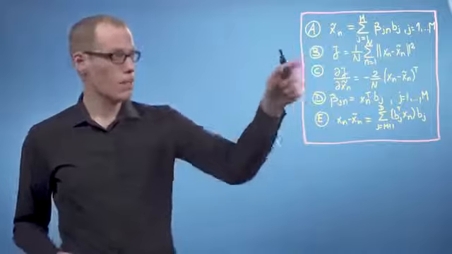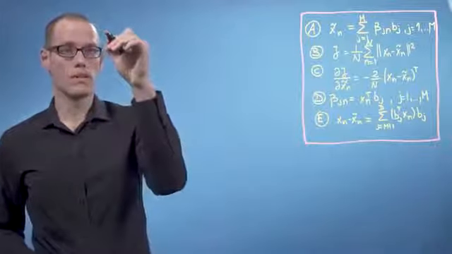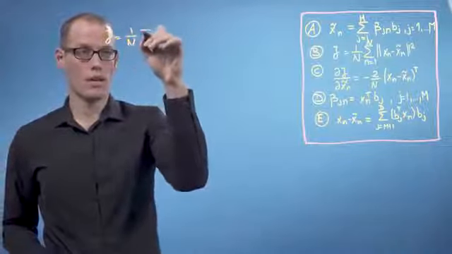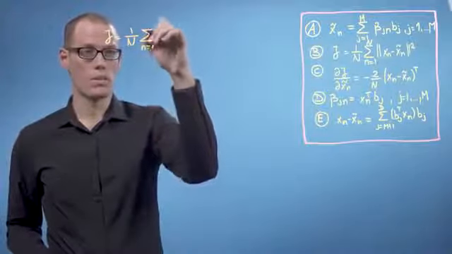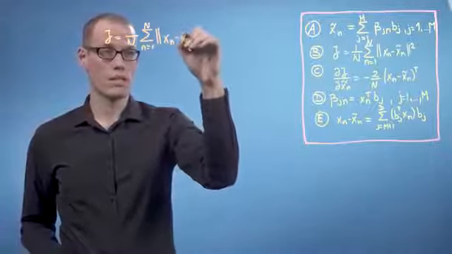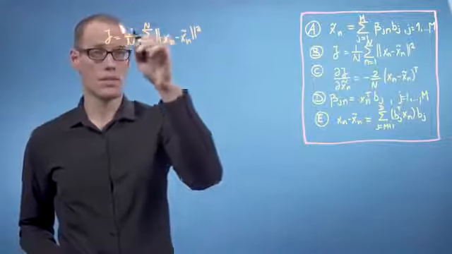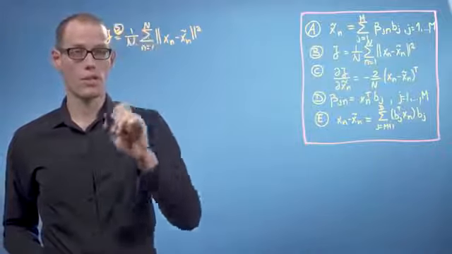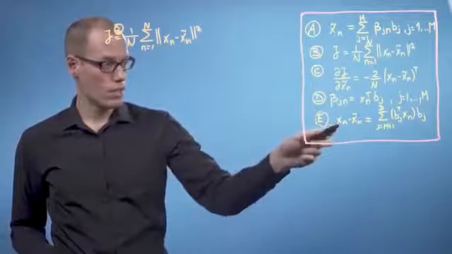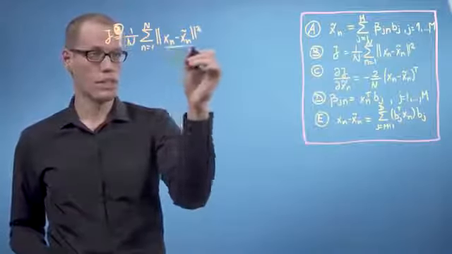So from equation B, we get that our loss function is 1 over n times the sum n equals 1 to n of the squared norm of xn minus xn tilde. So this is the average squared reconstruction error. And now we're going to use equation E for the displacement vector here.